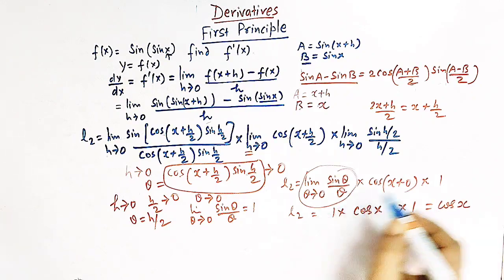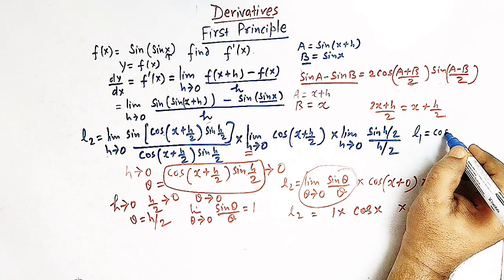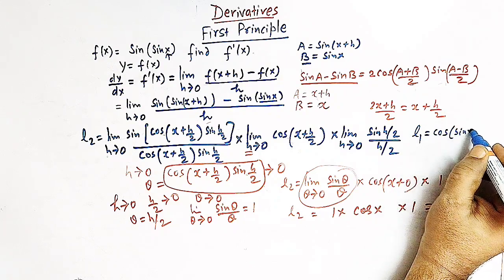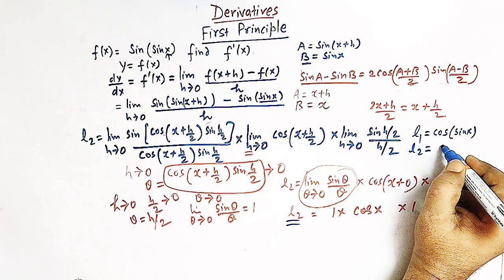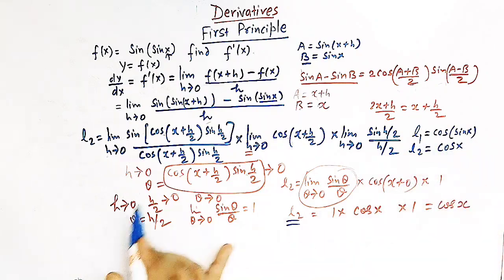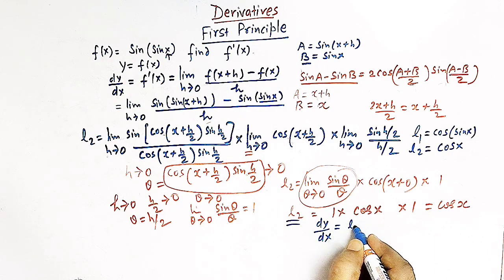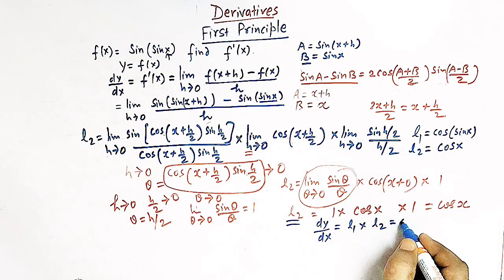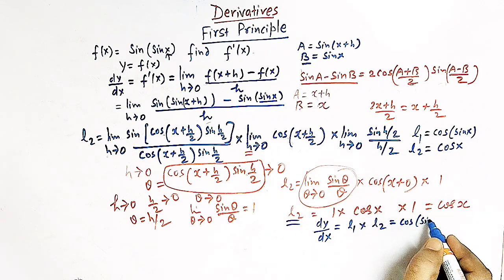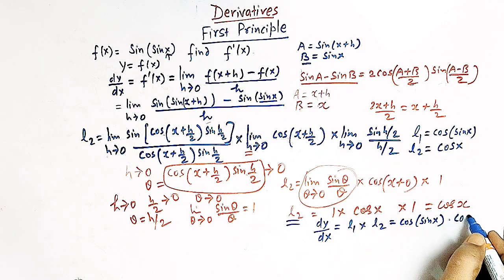So the value of the limit L1 is equal to cos of sine x, and we have just seen that the value of the limit L2 is cos x, right? And now the value of the derivative, that is dy over dx, is equal to the product of these two limits. So L1 is the cos of sine x and L2 is cosine x.